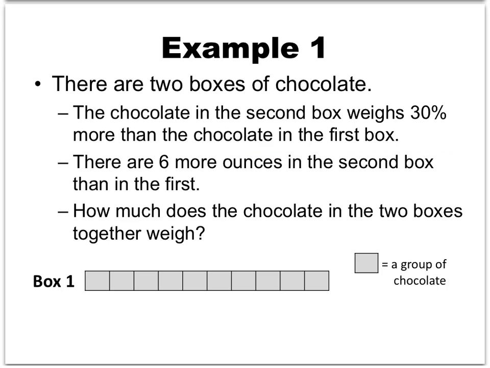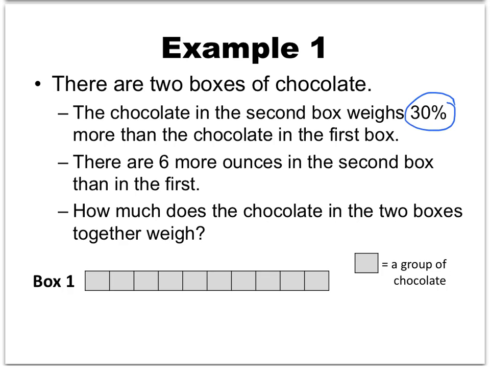So let's start off with box 1. We'll draw one long strip to represent the chocolate in that box. And then we're going to break this box up into 10 equal groups. Why 10 equal groups? Well, because we're talking about 30% here, and 30% is 3 times 10%. 10% is 1/10, so we're going to break this box up into 10 groups.